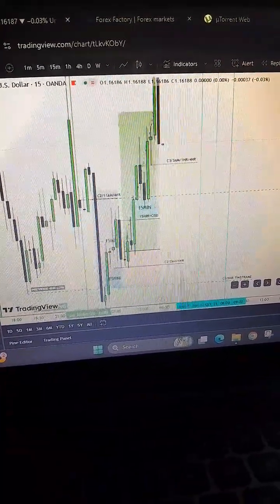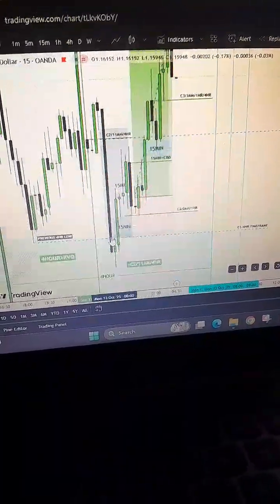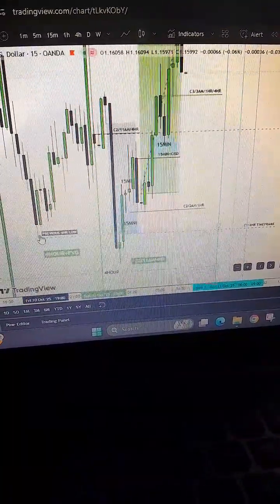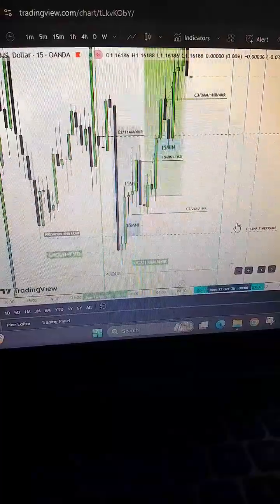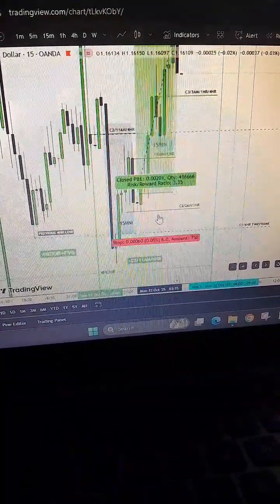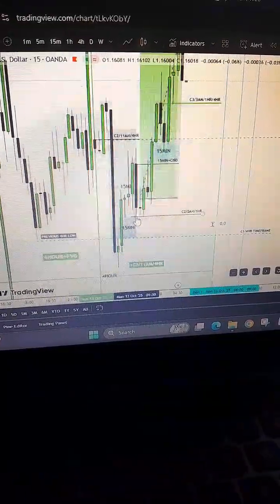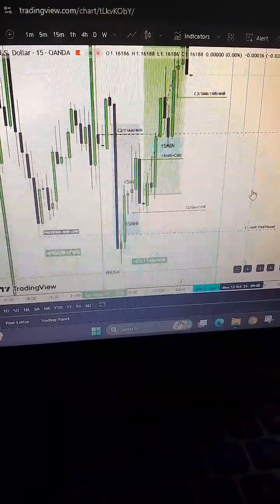I guess you can kind of say that there was a cracking correlation because this low over here got swept while GU left equal lows, and then this low over here, that one also got swept, and then GU left equal lows.